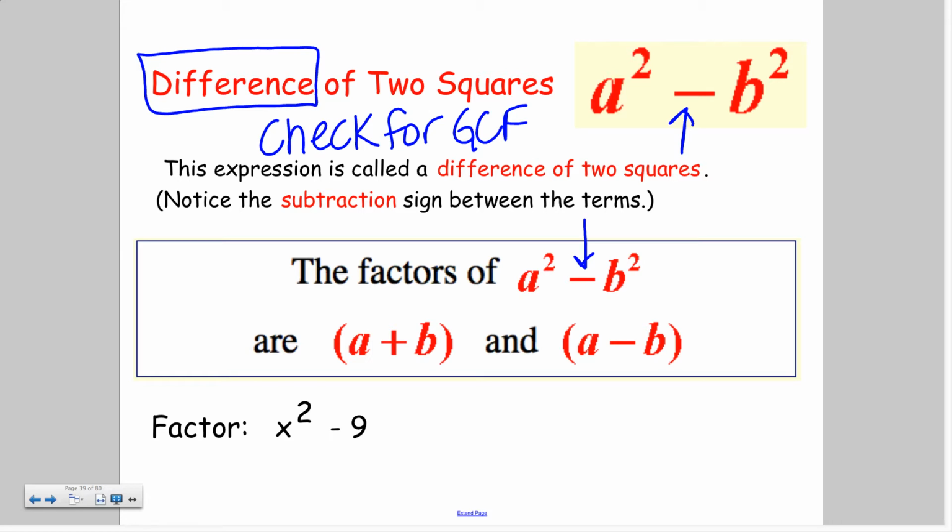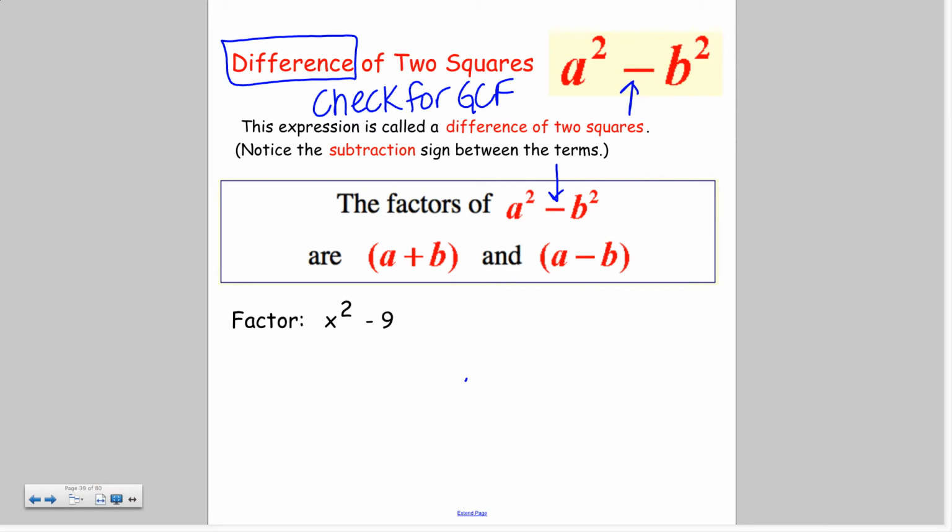Alright, the way these difference of squares work is you're going to have some subtraction and then a perfect square at the end. So you're going to be subtracting a perfect square. So if I take the square root of 9, that gave me positive 3 and negative 3.